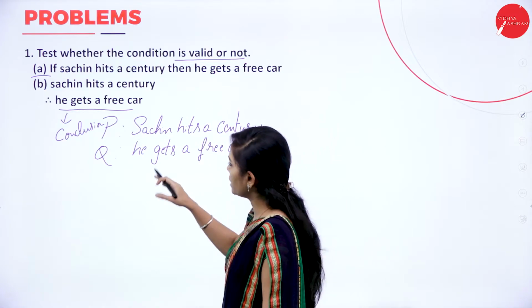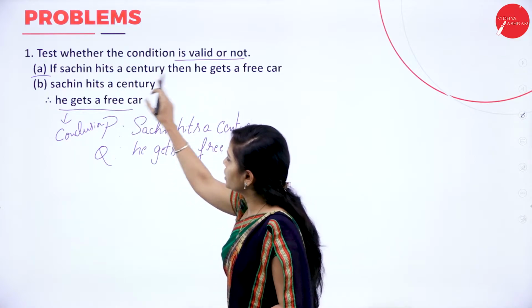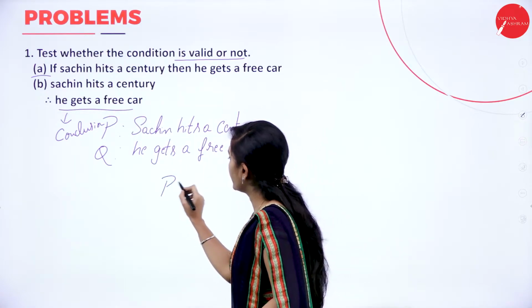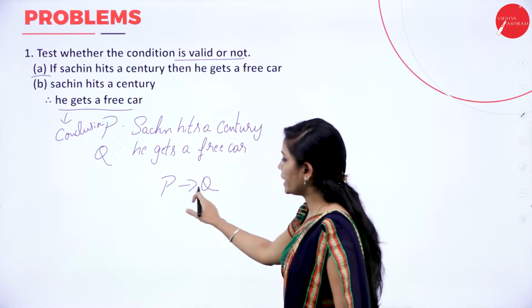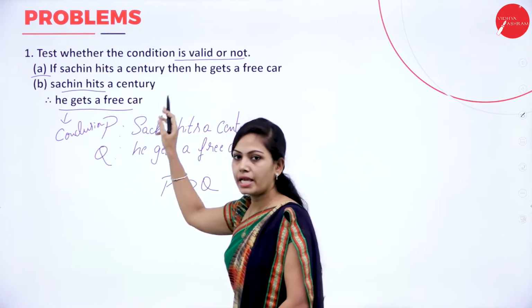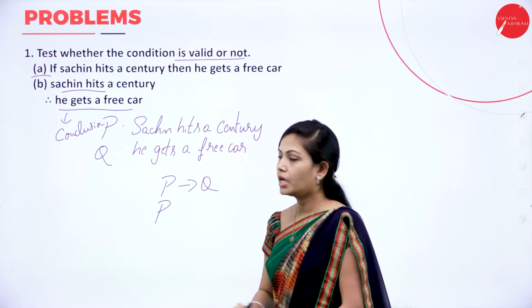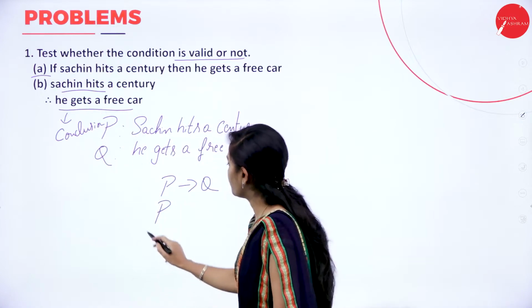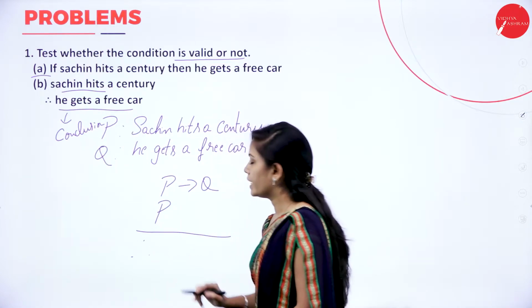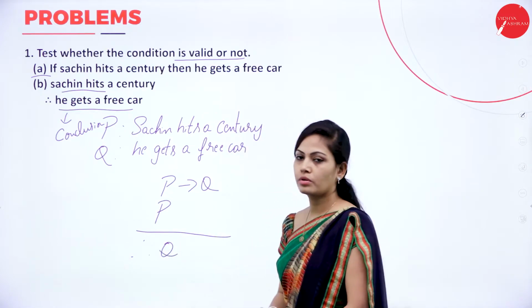We have two statements P and Q. Now, I will apply this rule. If Sachin hits a century, then he gets a car. P implies Q, right? And the second statement, Sachin hits a century, means the statement P. Therefore, he gets a free car means the statement Q. Clear?